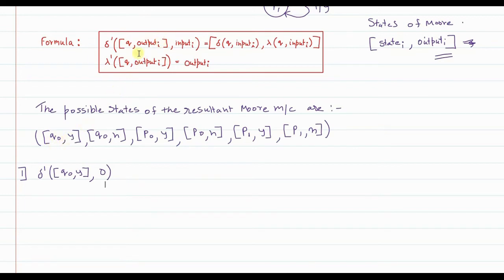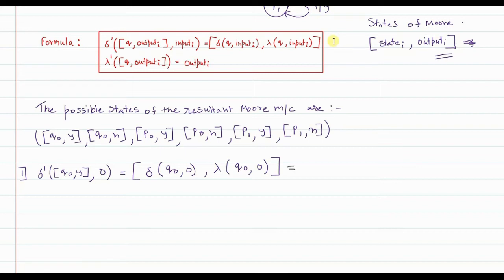So Q0 comma y comma the first input, which is 0. Now this can be further written as del of the state Q0 comma input I, that is 0, comma lambda of the state Q0 comma input I, that is 0. I have just used this formula straightforwardly.